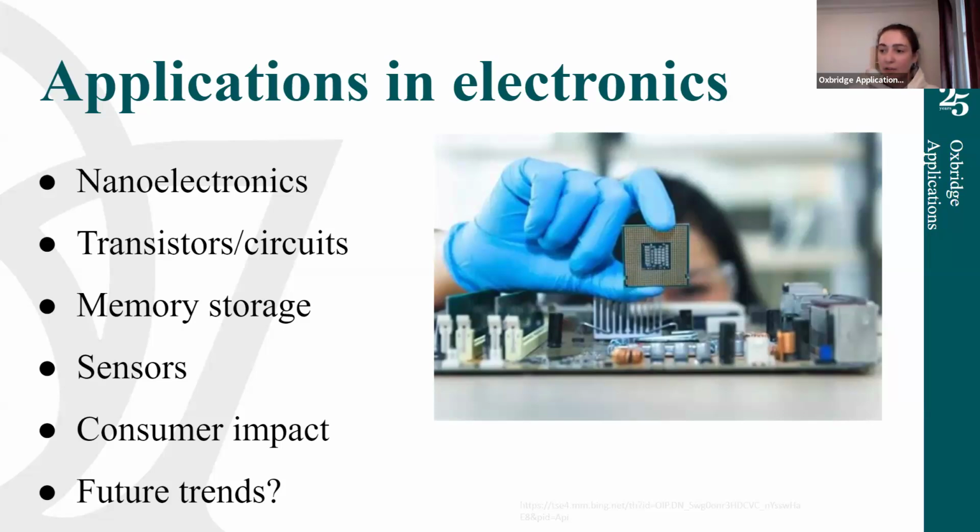So what kind of future trends might we see? Well, I think the main one to highlight here is quantum computing, which is a hugely exciting area. This uses quantum bits that can represent both 0 and 1 simultaneously. Nanotech plays a crucial role here, with materials like superconducting nanowires and quantum dots being used to create stable quantum bits.